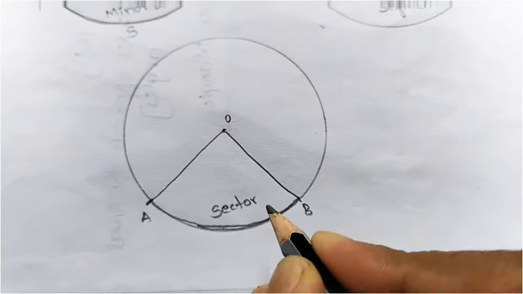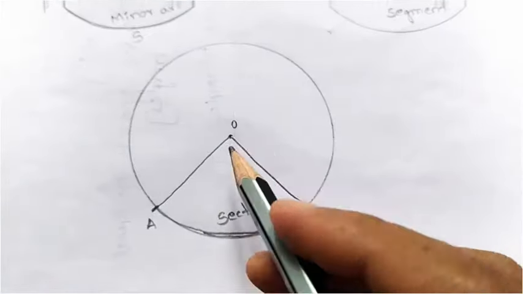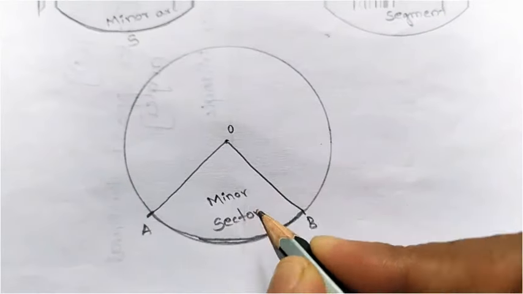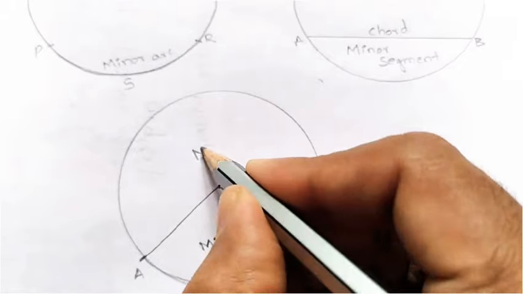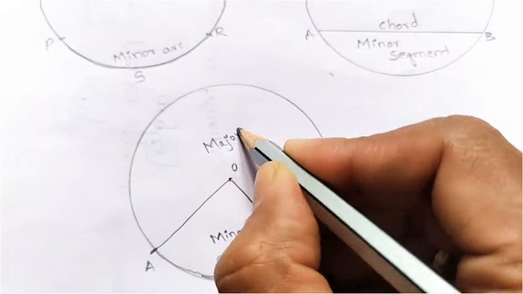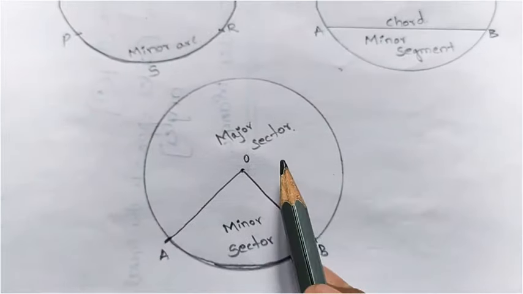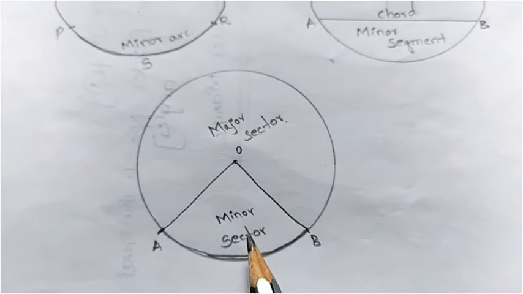Similarly here also, the bigger one is major and the smaller one is minor. So I will take here minor sector and major sector. Okay, understood the concept?